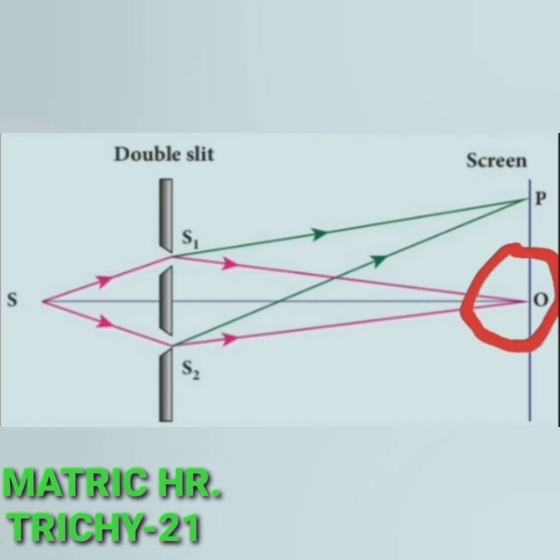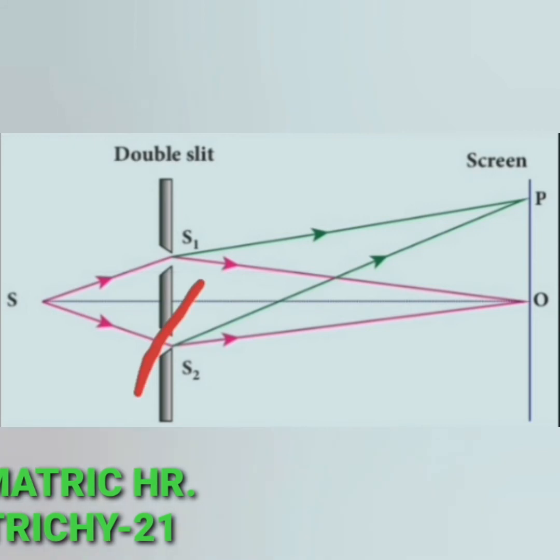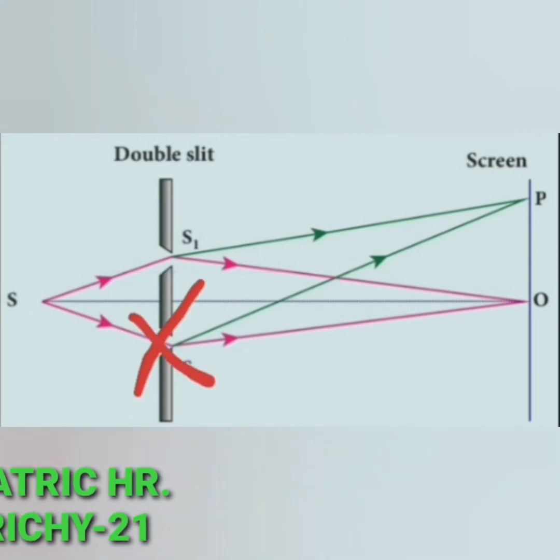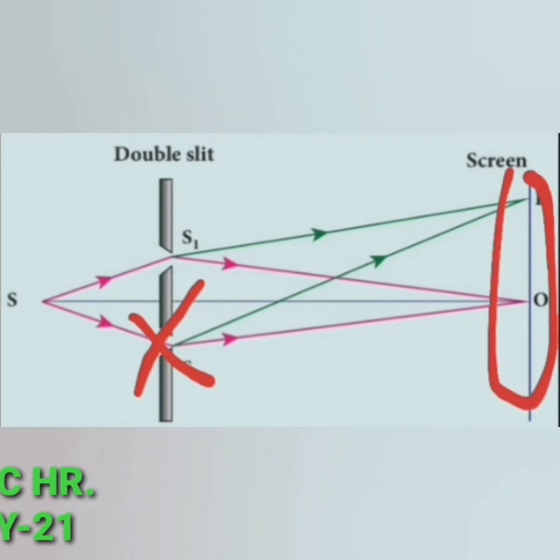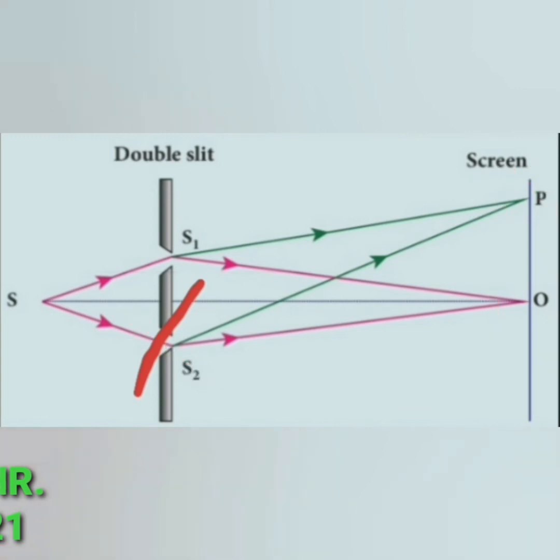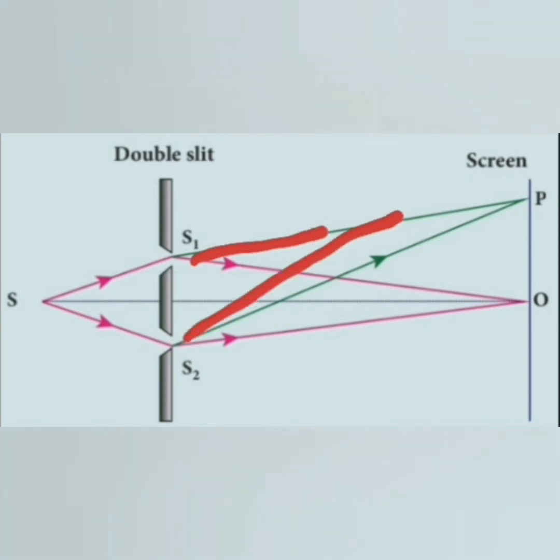When one of the slits is closed, the fringes disappear and there is uniform illumination on the screen. This shows clearly that the bands are due to the interference of the waves.